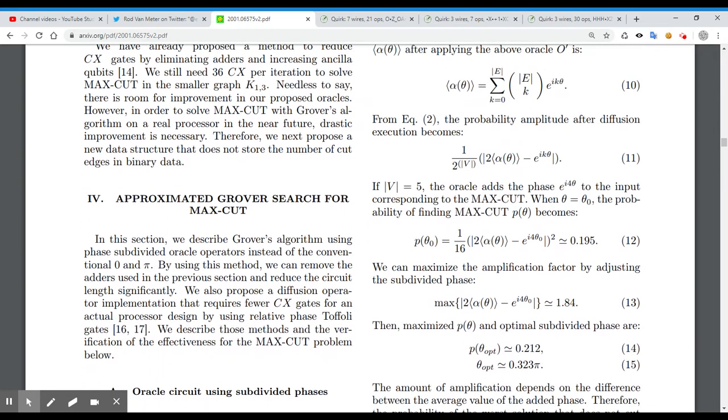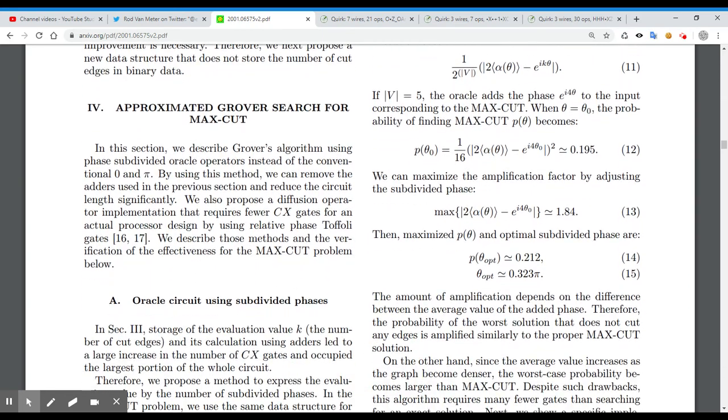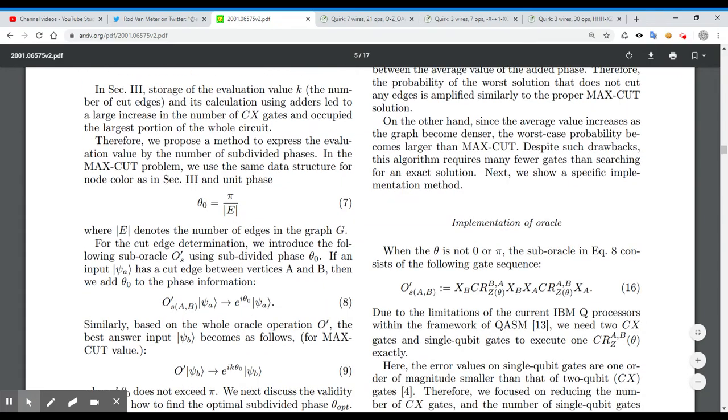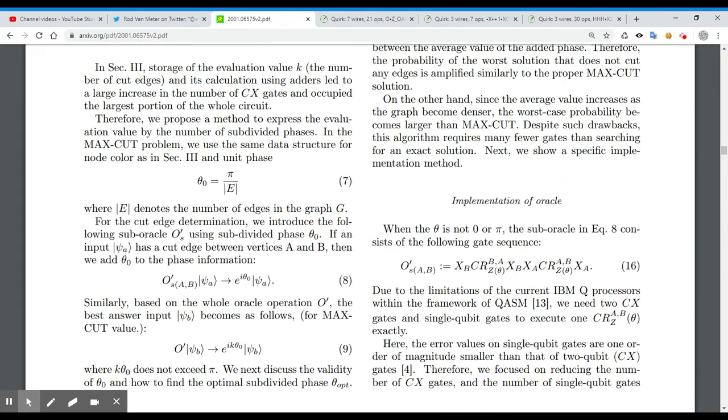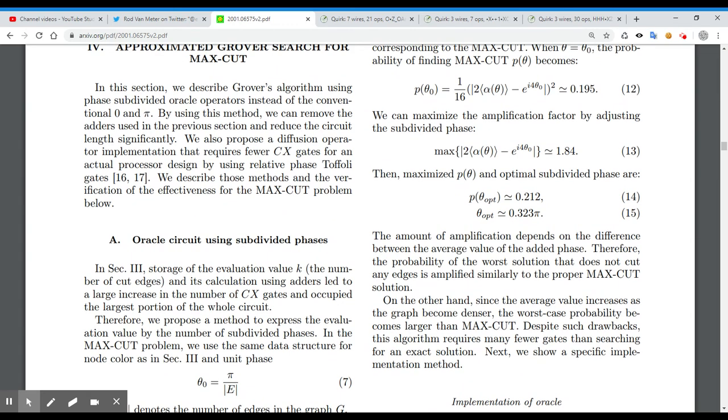Then we maximize P at an optimal value. The amount of amplification depends on the difference between the average value of the added phase. Therefore, the probability of the worst solution that does not cut any edges is amplified similarly to the proper max cut solution.